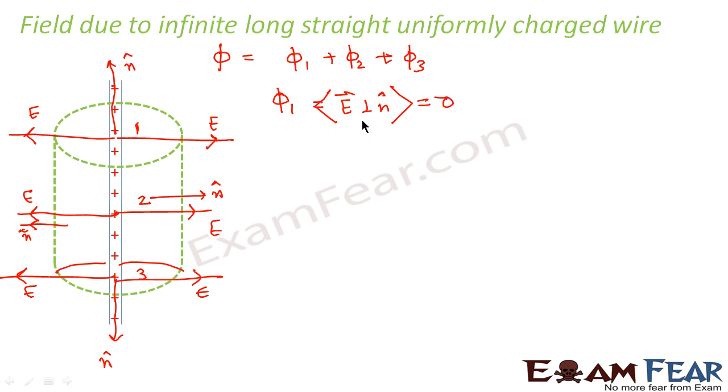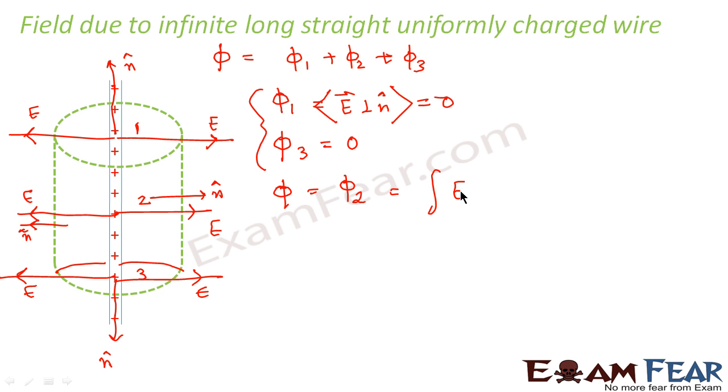So here, since E is perpendicular to the area vector, therefore flux is equal to 0. Similarly for surface 3 also, the electric field vector is normal to the area vector. Therefore phi 3 is also equal to 0. Therefore the total electric flux through this surface is equal to the electric flux through the curved surface of the cylinder. So let us calculate the electric flux through the curved surface.